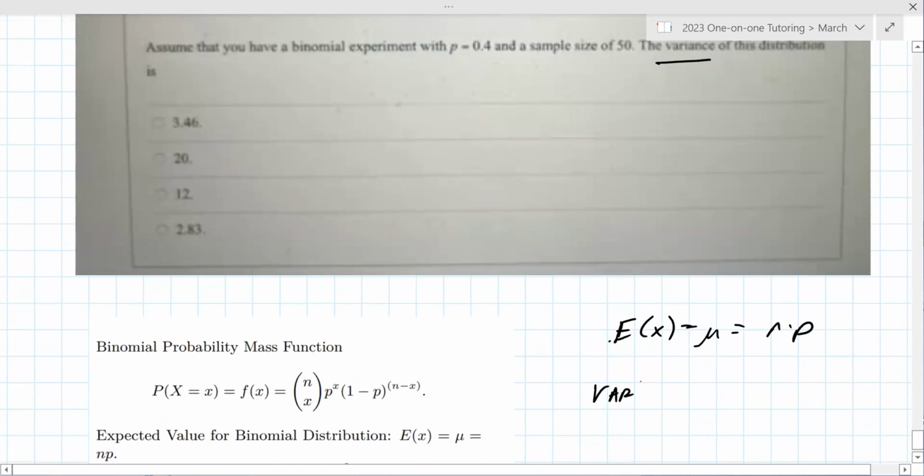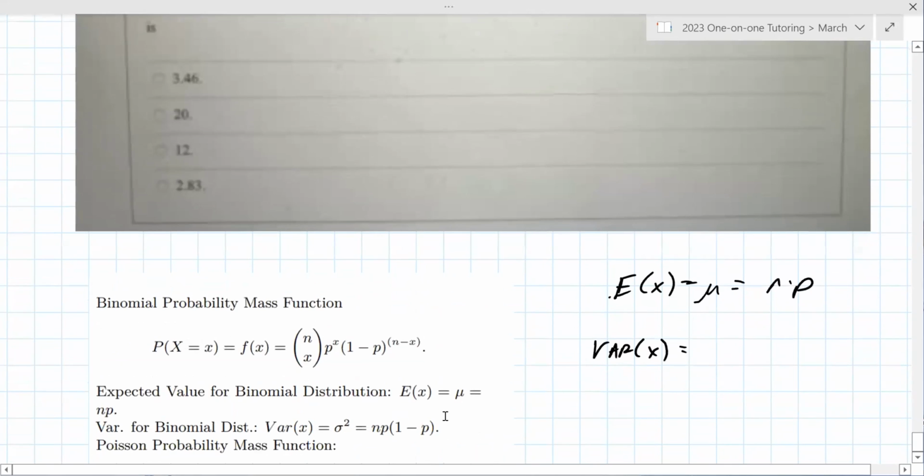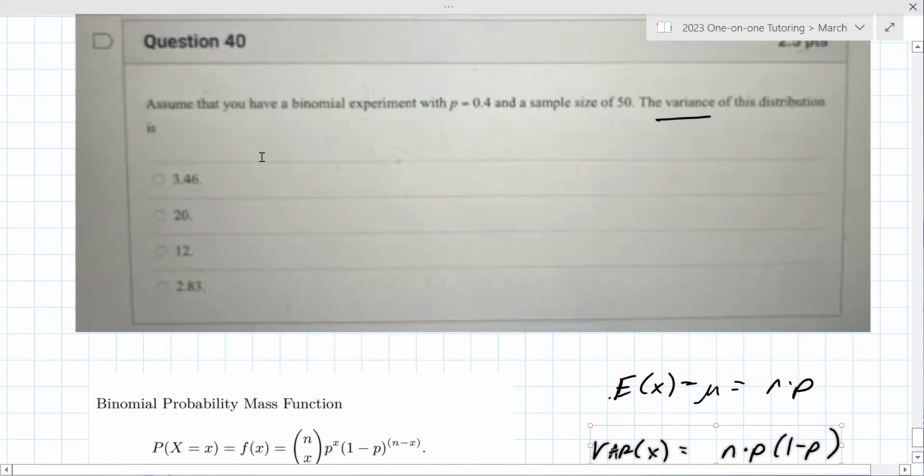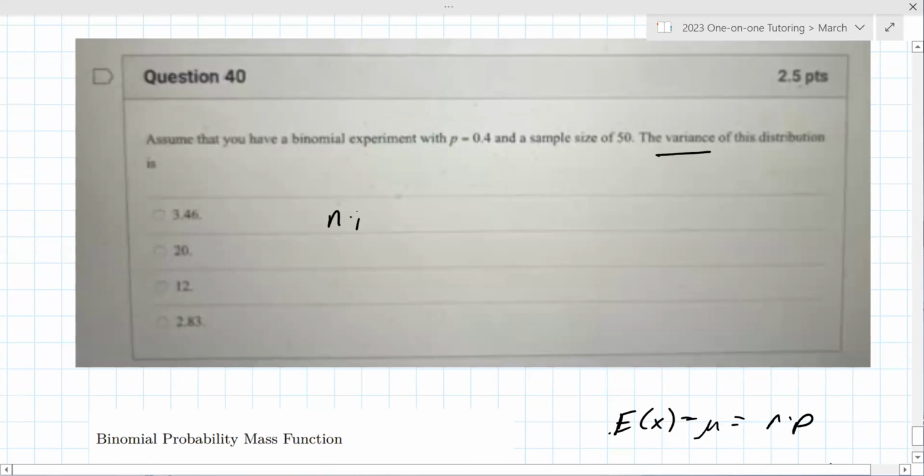The variance of x, you'll see down here, is n times p times 1 minus p. Okay, and that's what we're going to use for this one here. So n times p times 1 minus p: 50 times 0.4 times 1 minus 0.4.